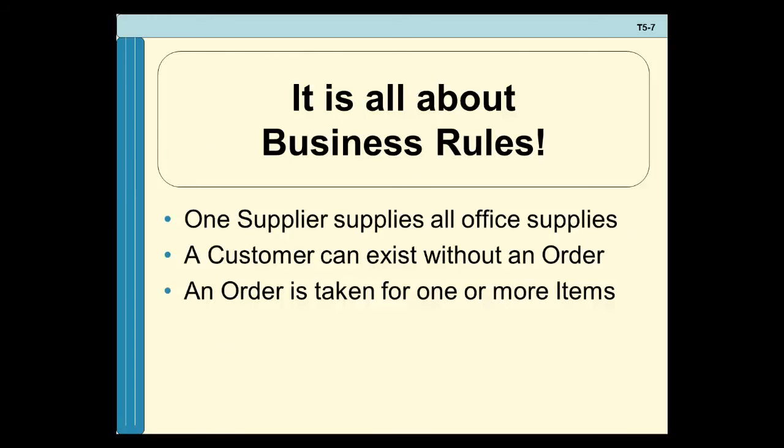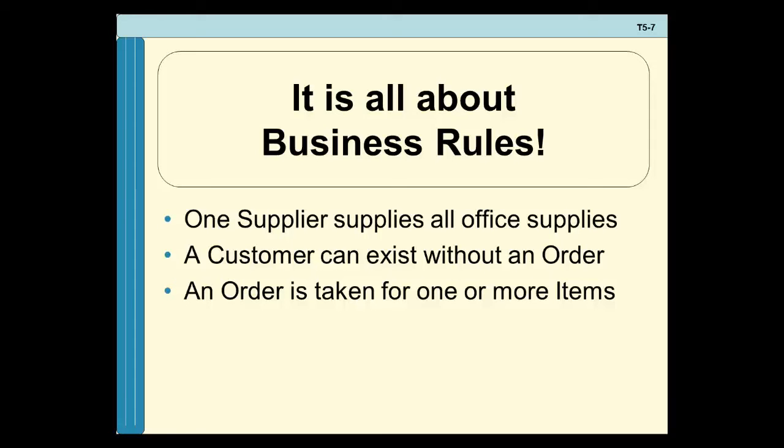And it is all about business rules, such as one supplier supplies all our office supplies. A customer can exist without an order. An order is taken from one or more items. Oh, so maybe the IT person didn't know that. What do you mean you can have a customer that never ordered anything? Well, we can.